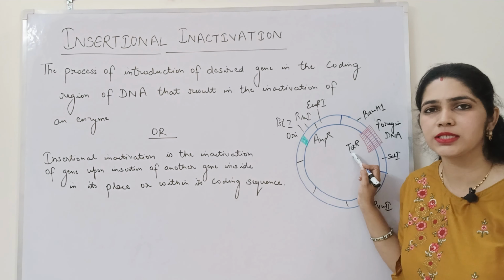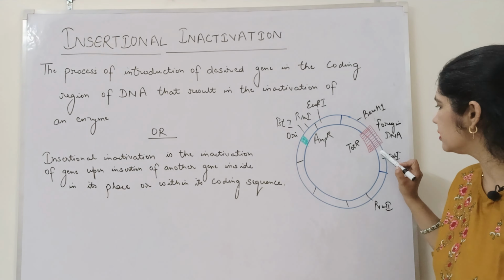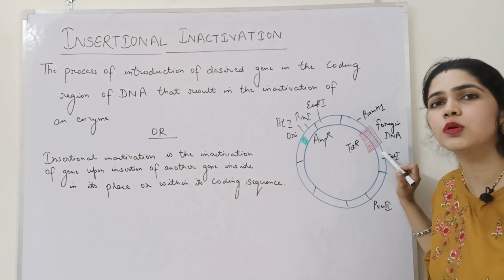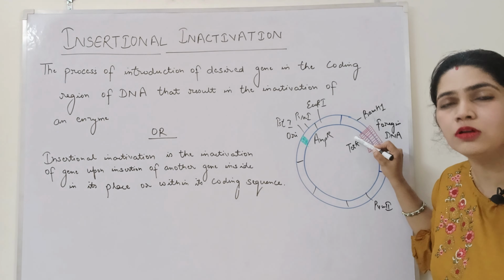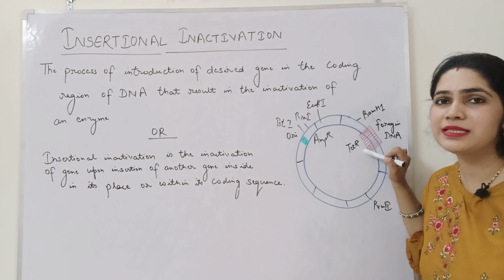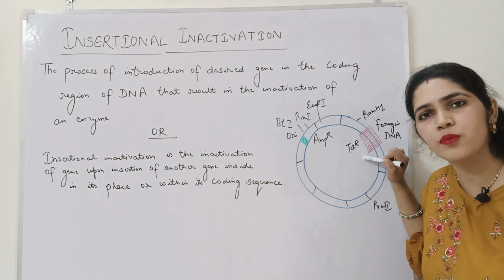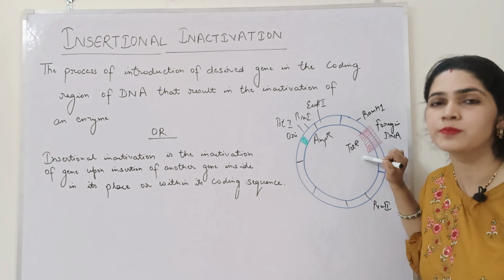Now consider a case where my gene of interest or foreign DNA is inserted at such a place in the cloning vector where my tetracycline resistance gene or my selectable marker is present. In that case, my selectable marker is not able to express itself, and this phenomenon is termed as insertional inactivation.